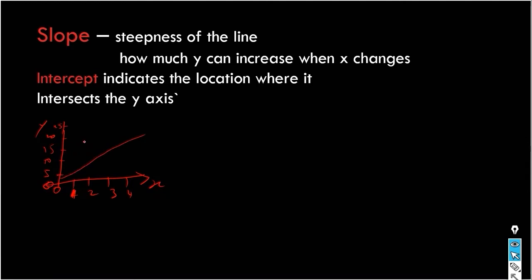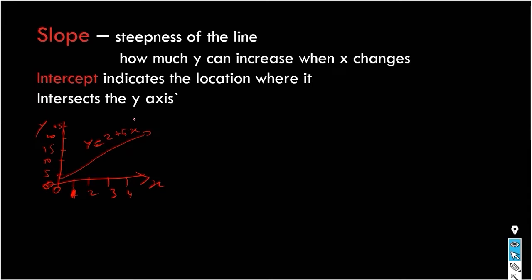Okay, and if I put a line here, and I say y is equal to 2 plus 5x, what is the slope value here? This is my best fit line. The linear regression equation comes out like this: y equal to 2 plus 5x. The slope is 5.